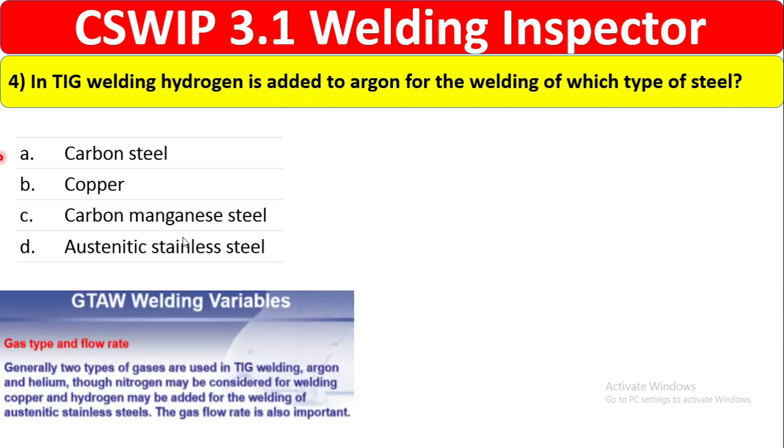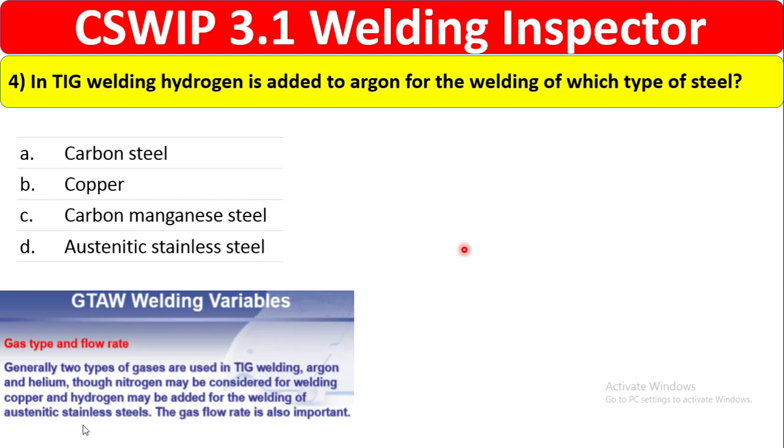Now, there is an explanation here. You see the gas type and gas flow rate. Generally, two types of gases are used in TIG welding: one is argon, another is helium. Nitrogen may be considered for welding copper and hydrogen may be added for the welding of austenitic stainless steel. When you are doing the welding of austenitic stainless steel, either nitrogen or hydrogen is added with the argon.